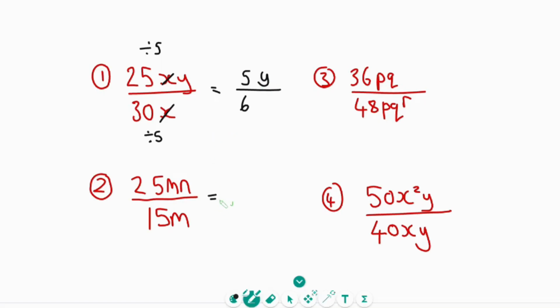Question 2, again, common factor 5. M's cancel out, and they leave an n up here. Highest common factor is 12.